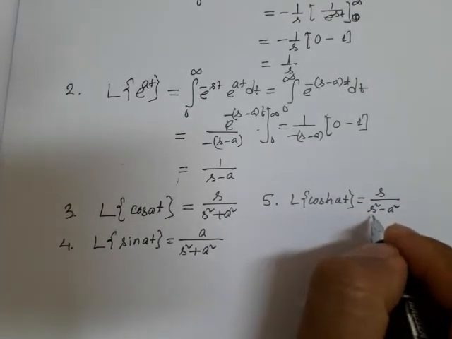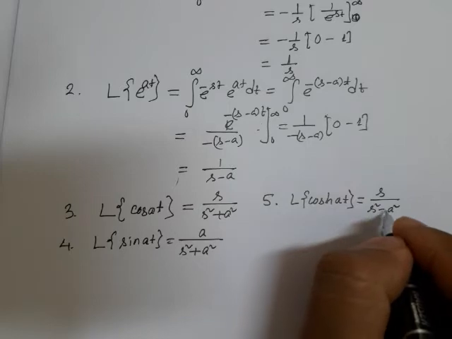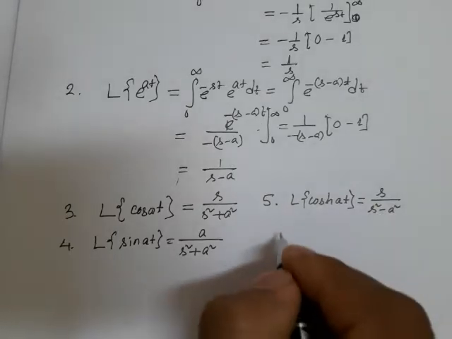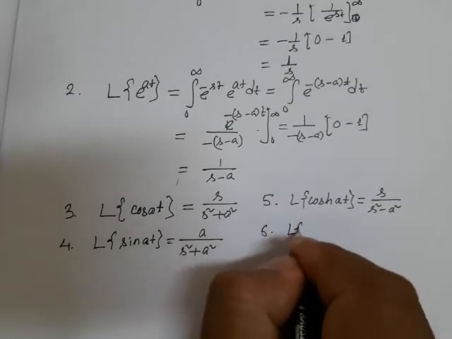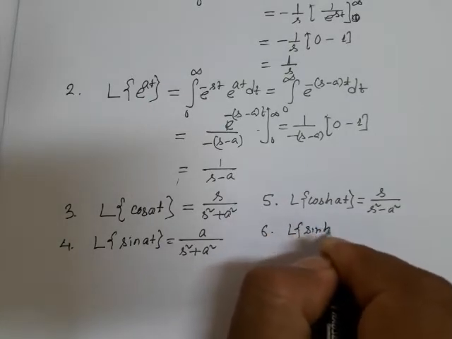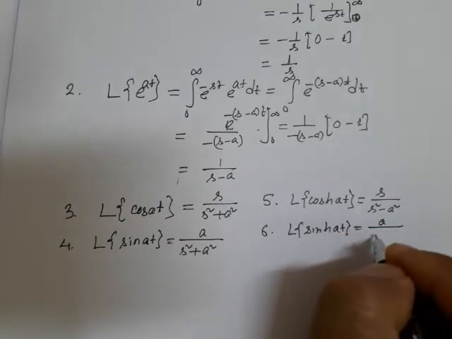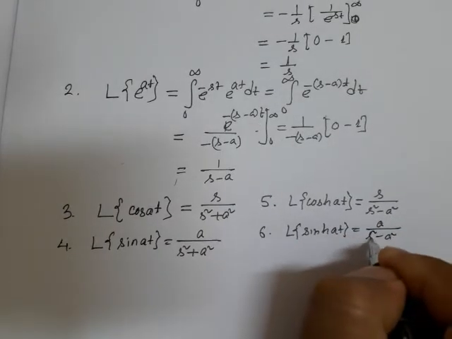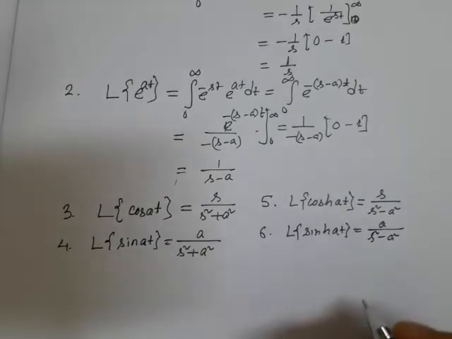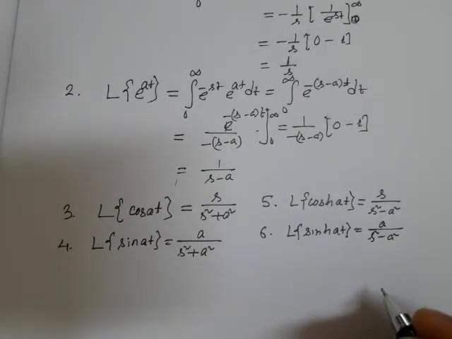Here the plus becomes minus. Similarly, for sinh at it is a by s square minus a square. So the formulas are very easy to remember.